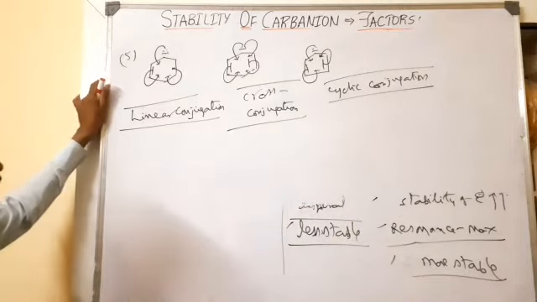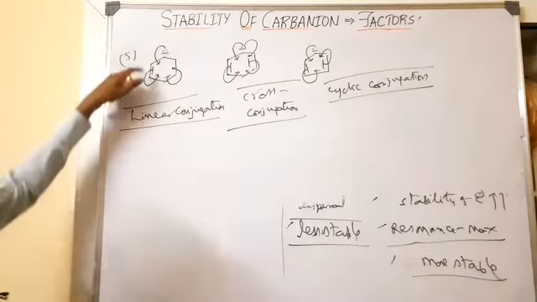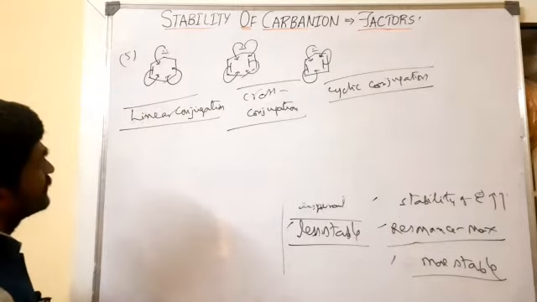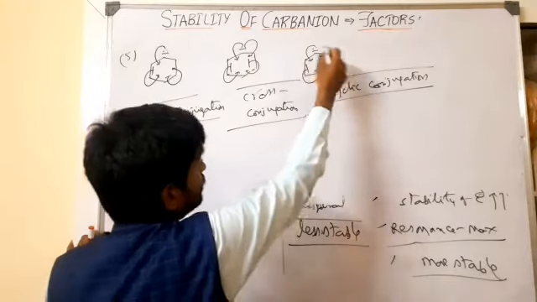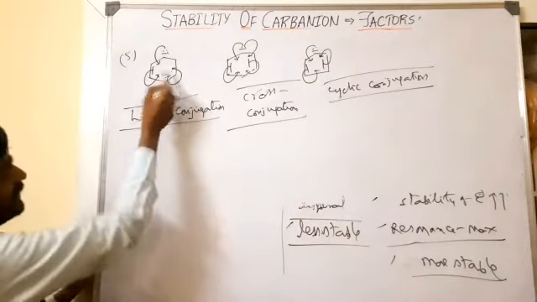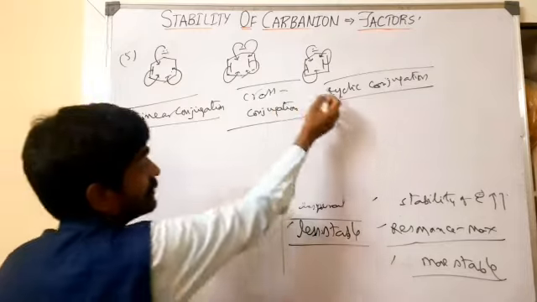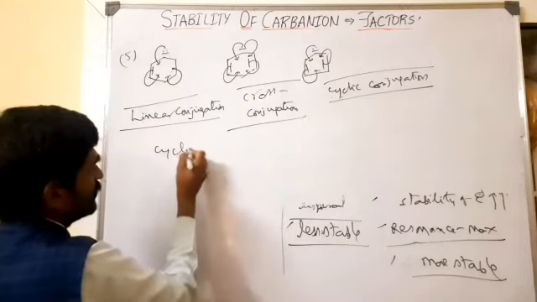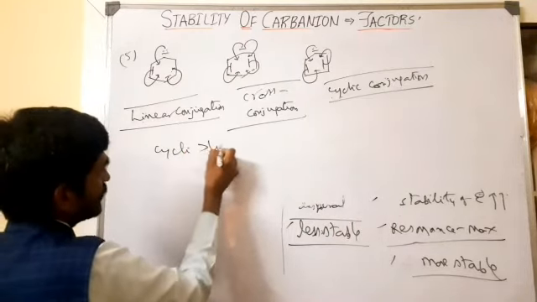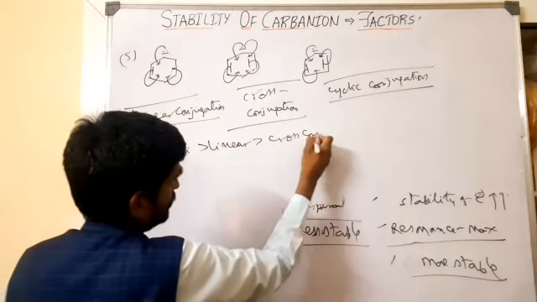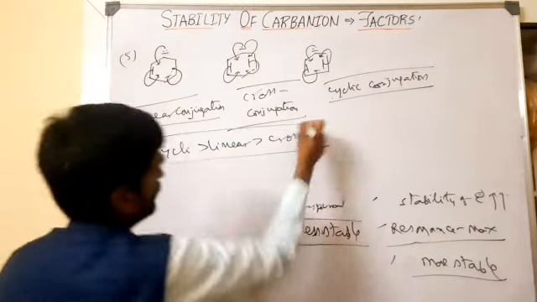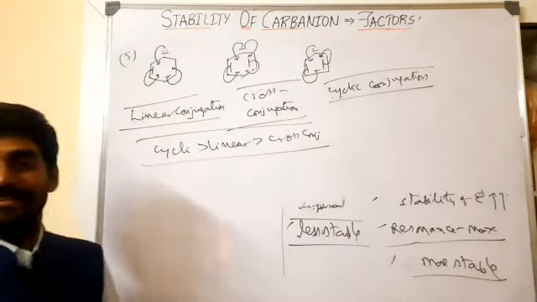Continuously it is migrated, and in cyclic conjugation it is migrated along the carbon chain and stops here. So that's why cyclic conjugation is more stable. Next one is linear conjugation. Next one is cross conjugation. So this is the factor. Is it clear?